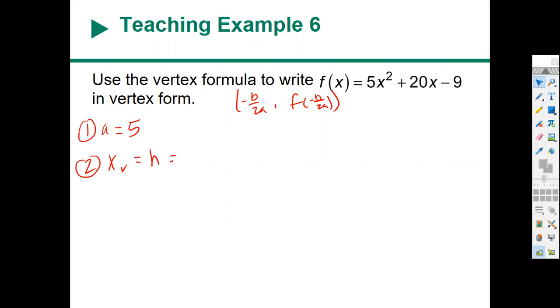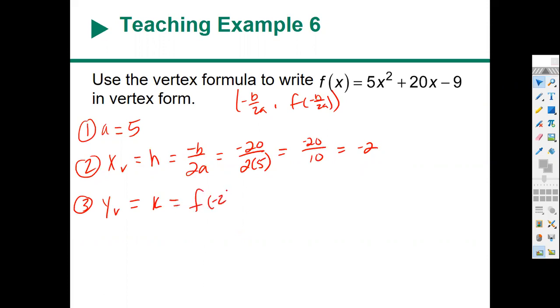Step 2 is to find the x value of your vertex, which is your h value. To find your h value, you're going to substitute in negative b divided by 2a. So negative b divided by 2a equals negative 20 divided by 2 times 5, which gives me negative 20 divided by 10, which equals negative 2. Step 3 is to find the y value of your vertex, which is called your k. To find your k, you're going to substitute whatever you got in step 2 into the equation.